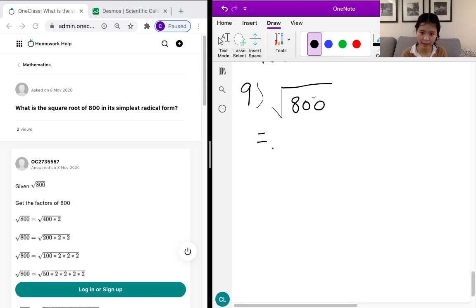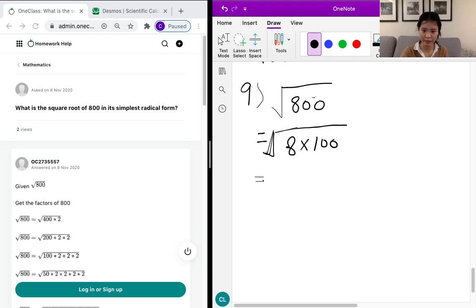But this is not guaranteed to work, because it's not guaranteed to have a perfect square, and it can be really difficult to find a perfect square by inspection. But in this case, we can find a perfect square really simply, because we know 800 is equal to 8 times 100, and 100 is a perfect square, because the square root of 100 is just 10, since 10 times 10 equals 100.